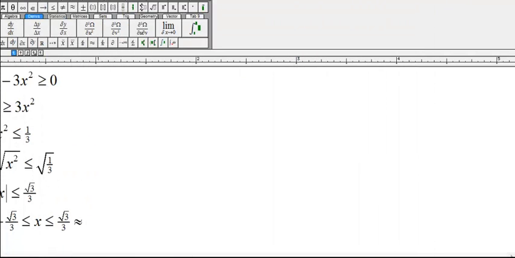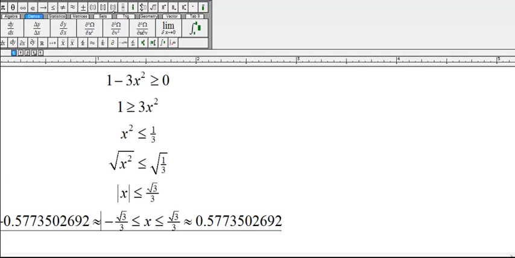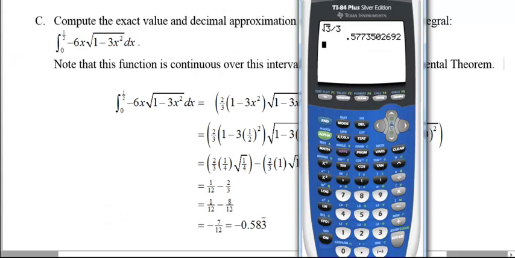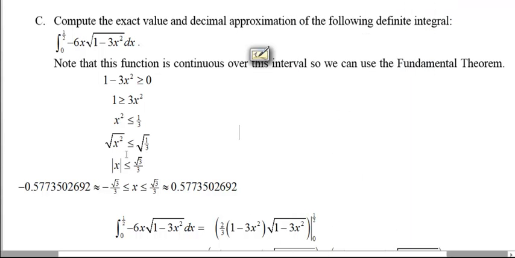So that's about 0.57735022692 as far as my calculator goes, and the opposite of that. Okay, so that's the domain here of this function.